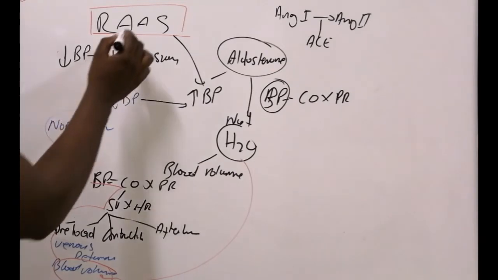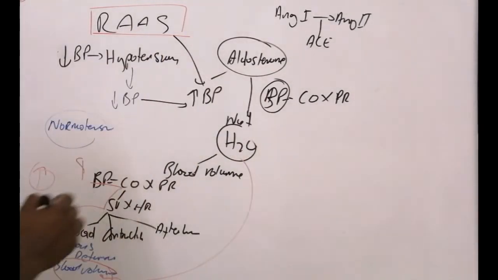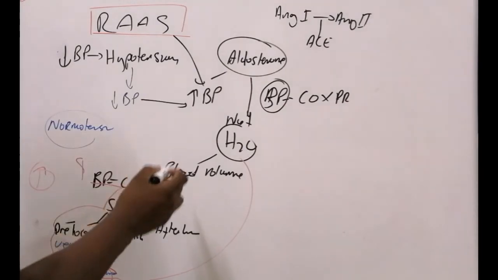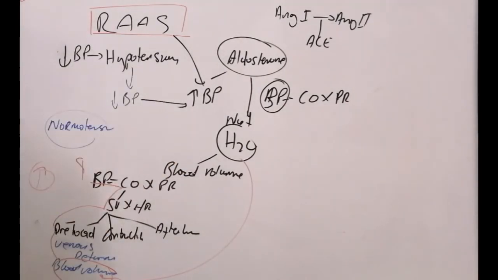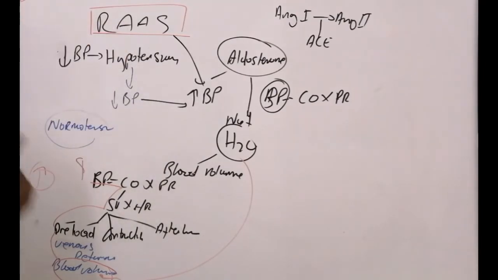If the RAAS system is activated in those patients, that hypertension will be worsened, because the RAAS system eventually increases blood pressure. So if it's switched on chronically in those patients, it will worsen the what?